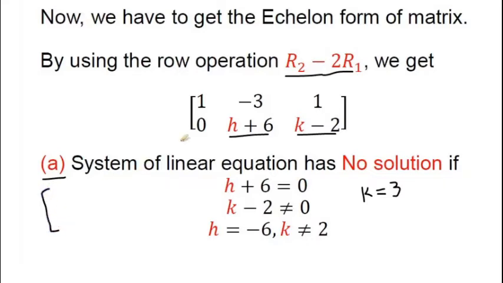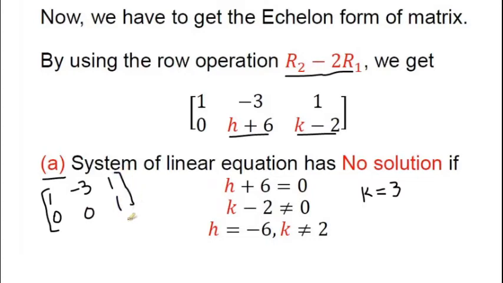then this matrix will become 1, minus 3, 1, 0, 0 and 1.